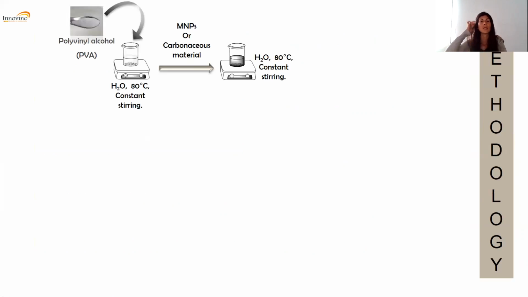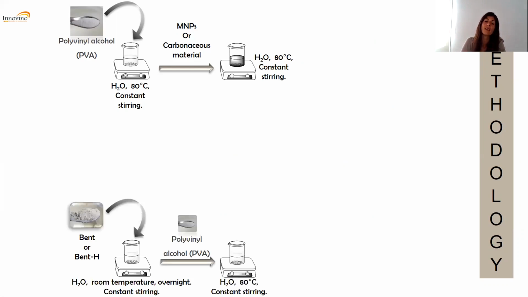Regarding the methodology, firstly, we have to prepare a PVA solution by heating and stirring it, and then once the solution is prepared, we incorporate different amounts of magnetic nanoparticles or carbonaceous materials, keeping constant stirring to generate a suspension. In the case of using clays as a filler material, we first have to swell the clay overnight at room temperature.